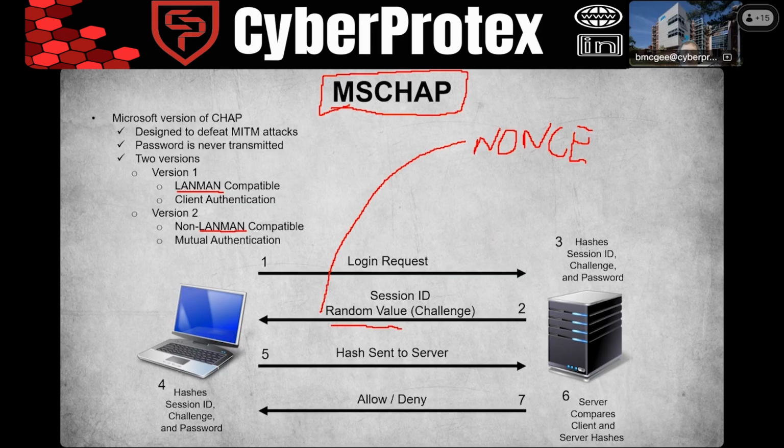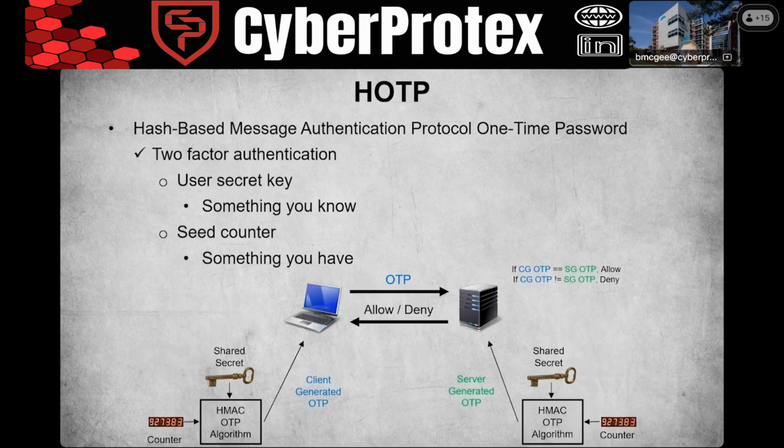So the next one gets a little bit more complicated, but hopefully not too complicated. There is a hashing algorithm that generates a one-time password, and it's a counter that we call the hash-based message authentication protocol.